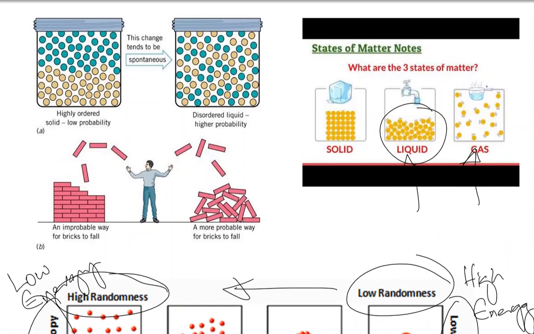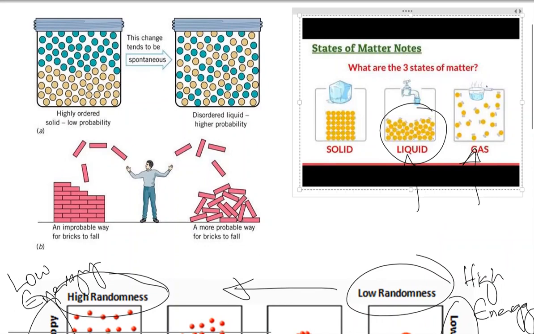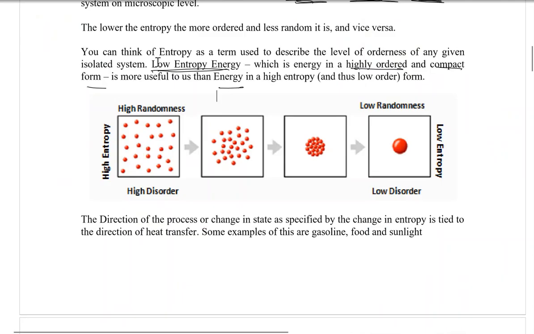So when you are going from high energy towards low energy, you are also releasing some amount of heat. So the entropy change is associated with the direction of heat transfer. When you change the entropy, there is also some heat transfer, so both of them are tied together.